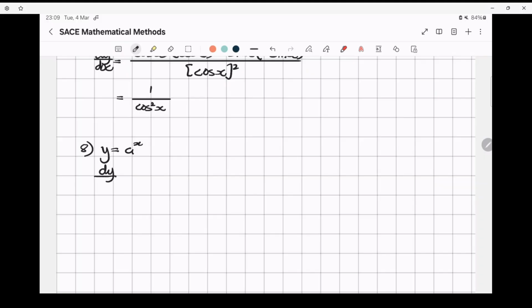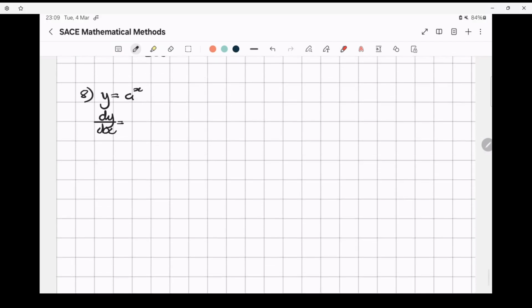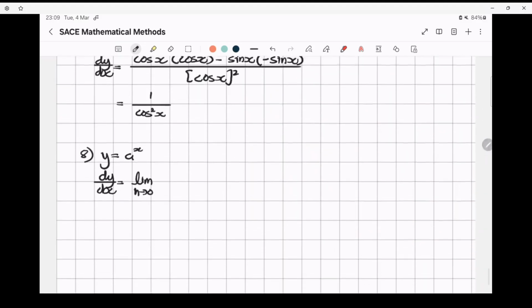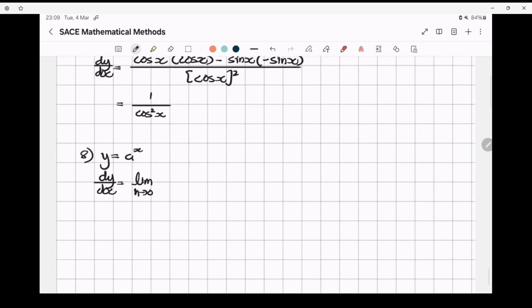So by first principle, you will have something like this. So you can factorize out a to the power of x, and then you have this particular limit.